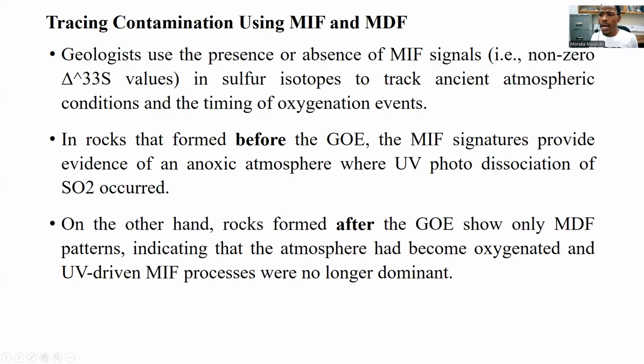Geologists use the presence or the absence of MIF signals, or the non-zero signatures, in sulfur isotopes to track the ancient atmospheric conditions and the timing of the oxygenation event. How can you determine this timing? Because we know that the rocks before the Great Oxidation Event, like the Archean rocks, are not supposed to be showing this MIF.